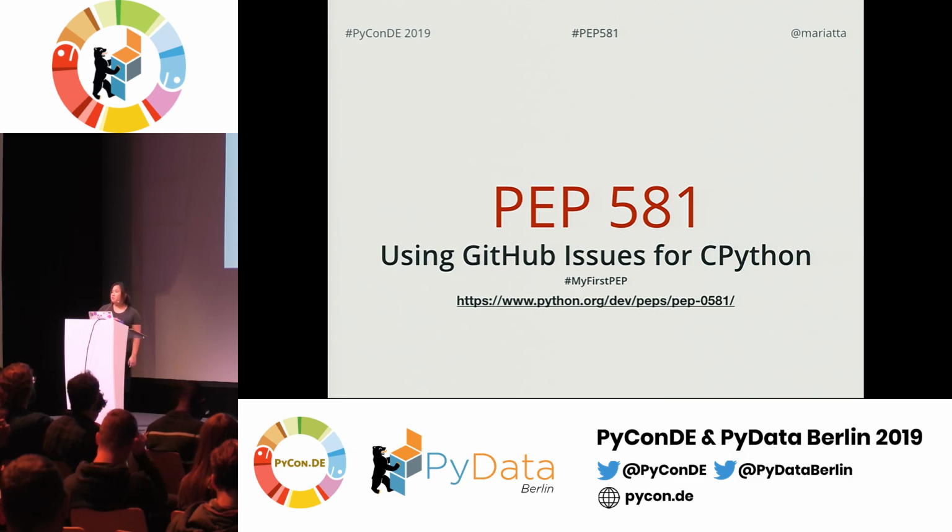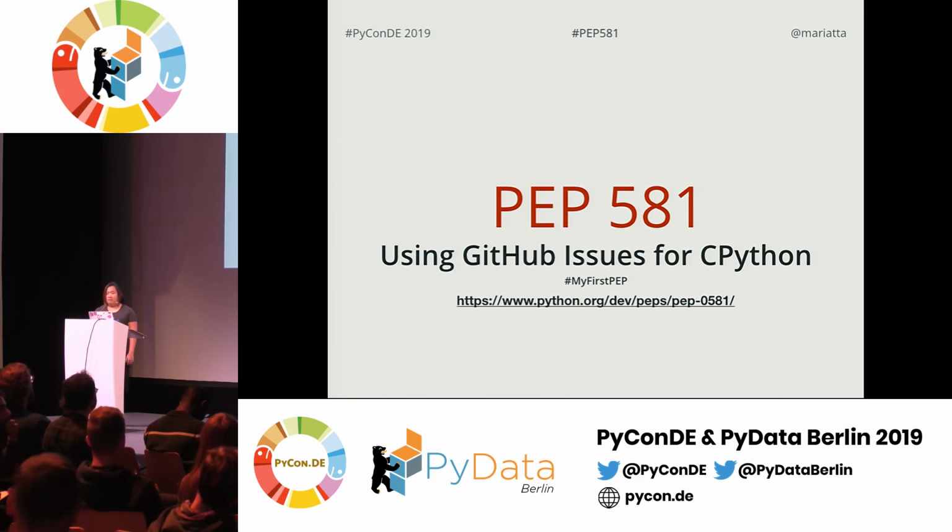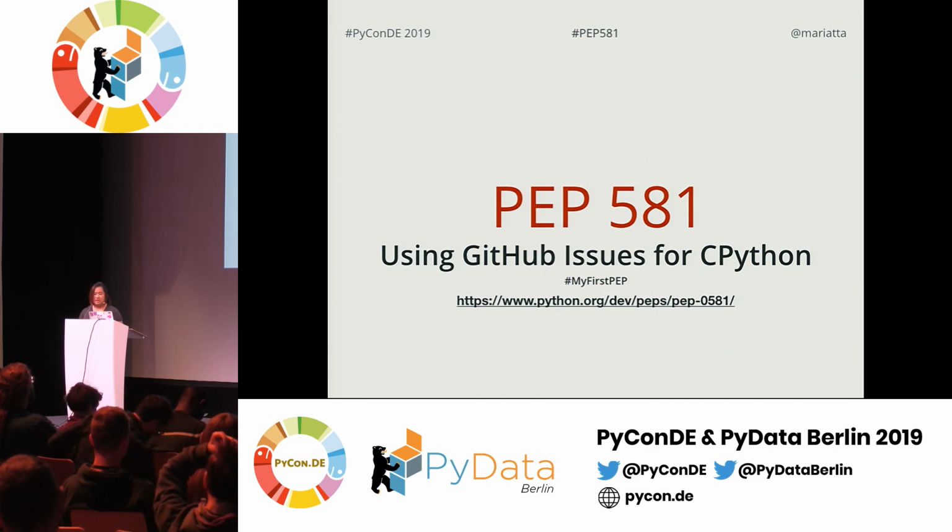That is what PEP 581 is about. It describes the reasons why we'll be better off on GitHub. There are a lot of nice features like emoji. It has very extensive APIs. And we've had great success using those APIs. We made lots of bots and automations, things we cannot live without now.